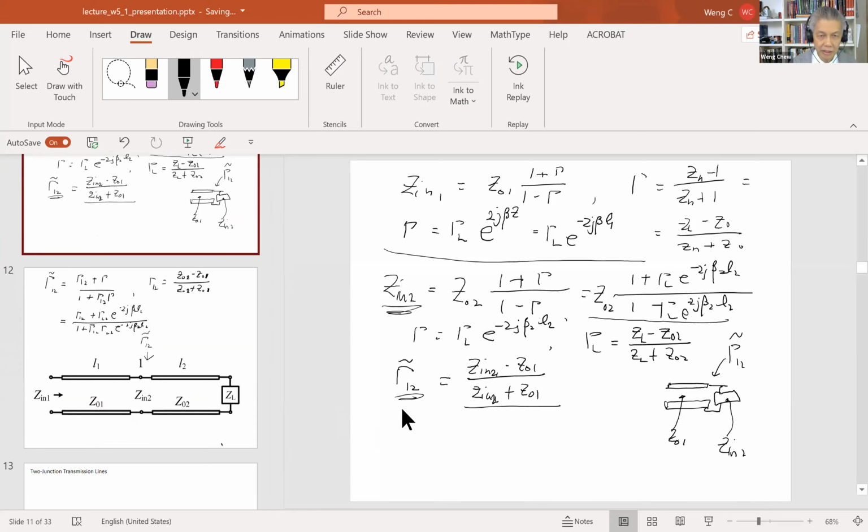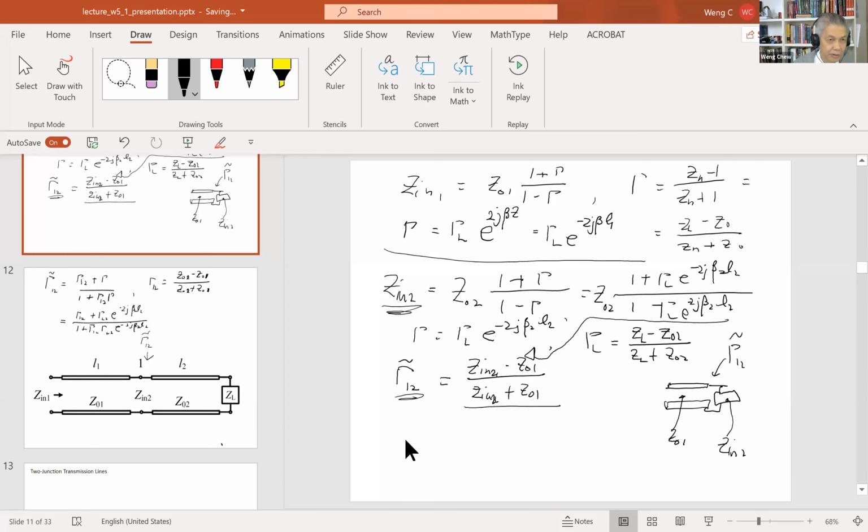If I know gamma 1, 2 tilde, then I should be able to figure out the impedance at this end, because gamma 1, 2 tilde and Z in 2 are related to each other. You plug in the value for Z in 2, a very complicated formula, back in here.